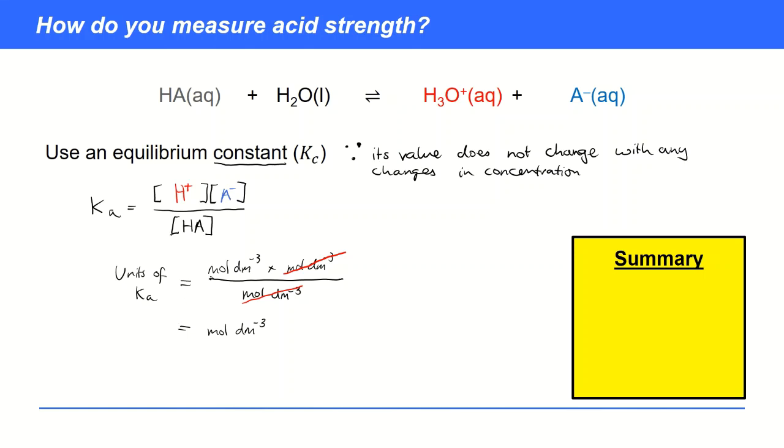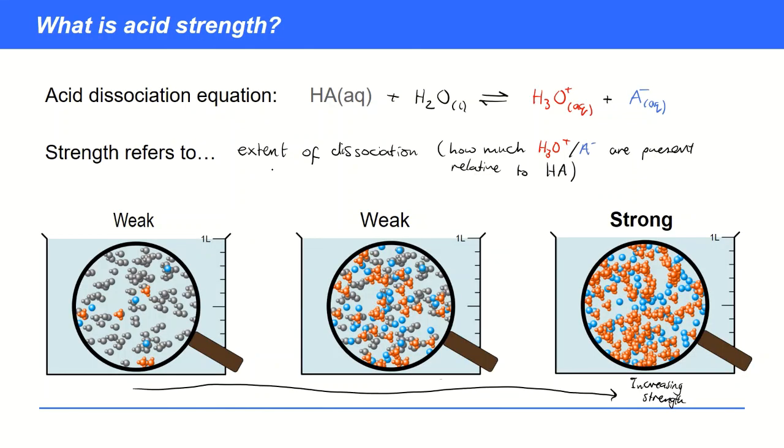So whenever you see Ka values given for any acid, you will always see the unit moles per decimeter cubed after. Now, the final thing is just to summarize: how does Ka actually give us a measure of the acid strength? Well, if we go back to the previous slide, we said the strength refers to the extent of dissociation. So if you have lots and lots of H3O+ and A- around, you're a strong acid.